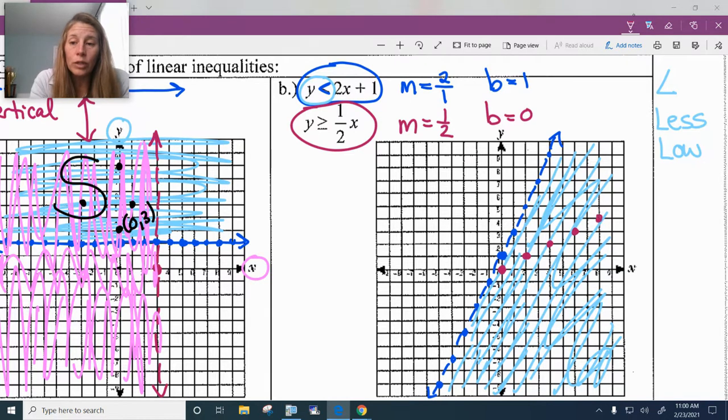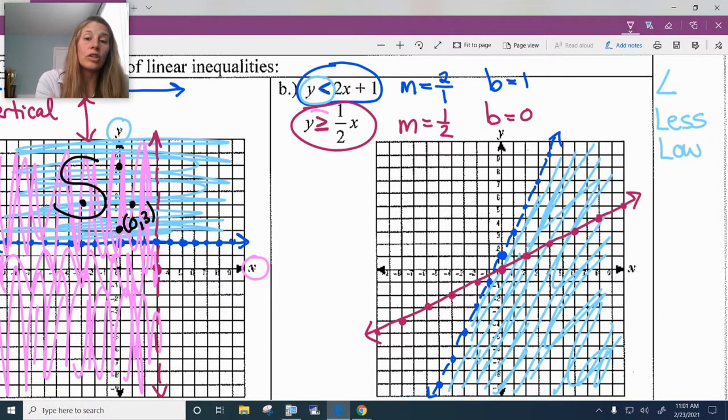Or I can go down 1 and to the left 2 to continue making points all the way across my coordinate plane. This time, my inequality sign has that line underneath, indicating it's a greater than or equal to, which means I'm going to do a solid line through all these points. So all those points are not only on the boundary, but they're also included in this inequality here.